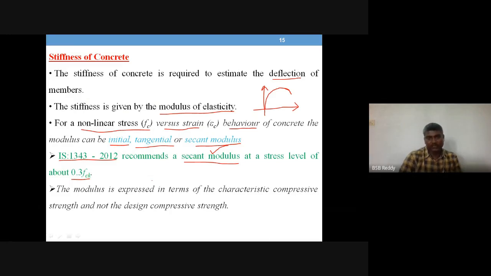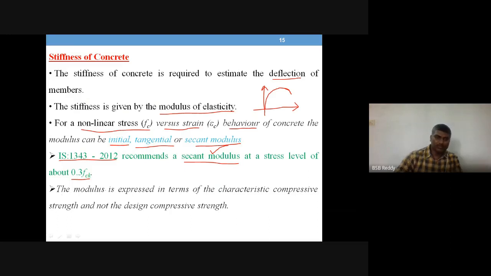This will be introduced to you in the very first lecture on stress strain behavior, the stress versus strain diagram of mild steel in strength of materials. There the stress strain diagram for concrete is also introduced. Once again, I am reminding you to recall what you have studied for the stress strain diagram of concrete.